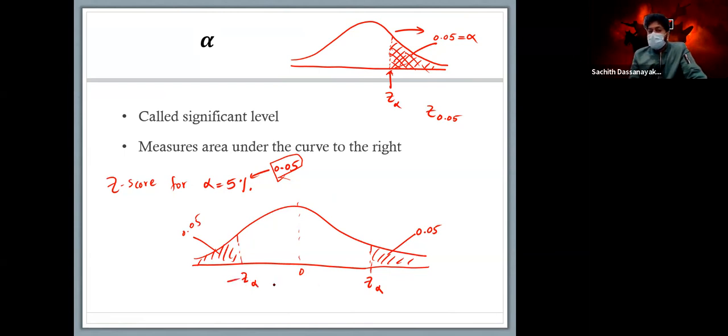If this is positive, then this one is negative. If this is positive 1.96, this is negative 1.96.